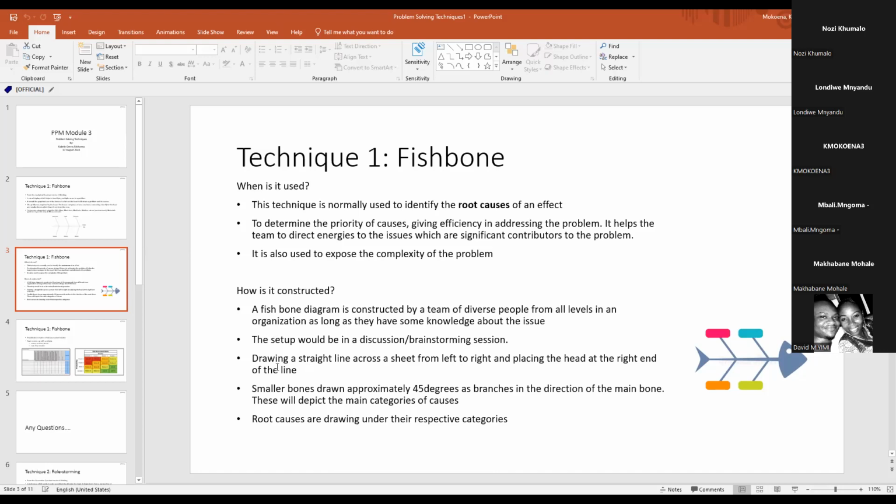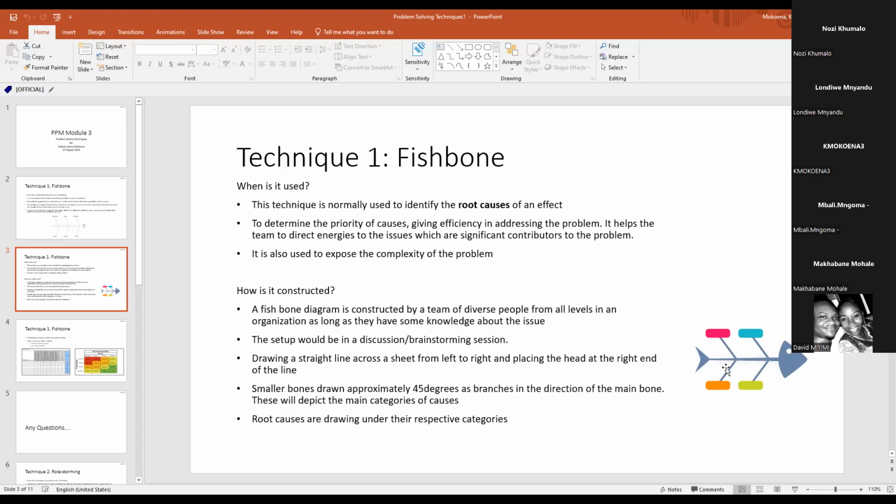And then how it's done when you physically do it is by drawing a straight line across a sheet from left to right. And then you place the head at the end of the line. The smaller bones would be about 45 degrees, and those would be the causes.